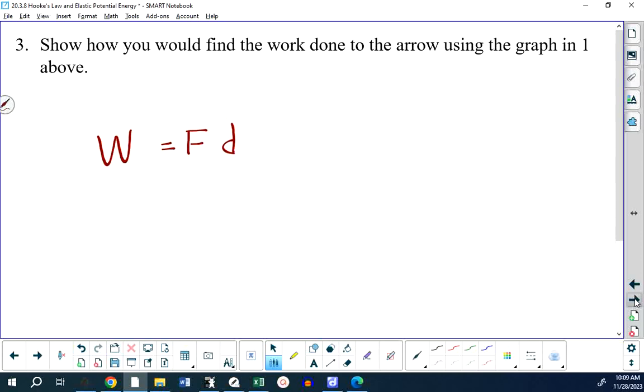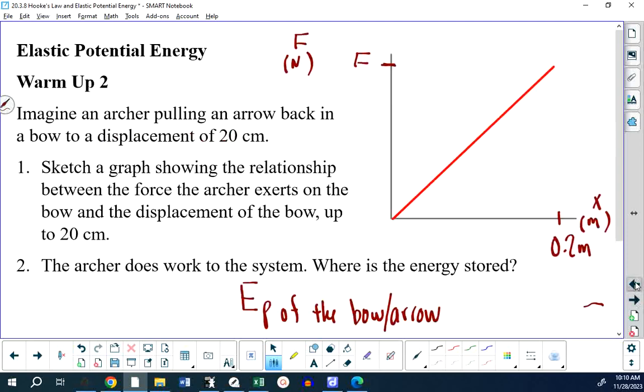Nowhere in this question do I tell you that force, do I? I'm going to say, and I'm going to change this for next time, that the force required is 70 newtons to hold it at that point.